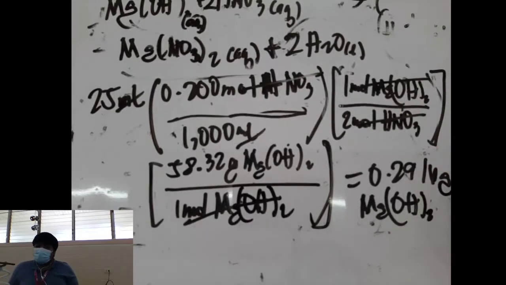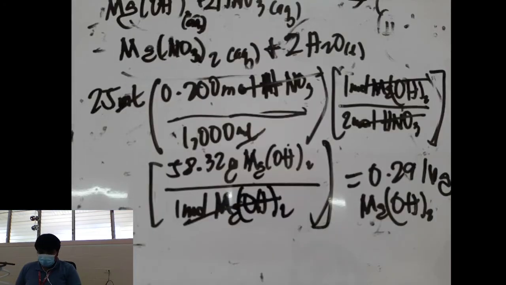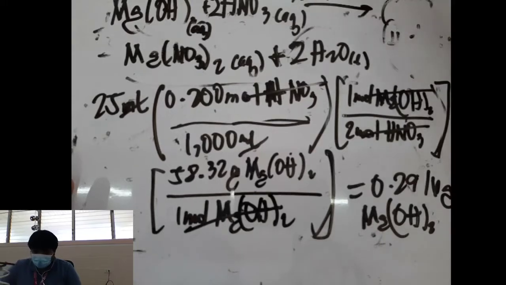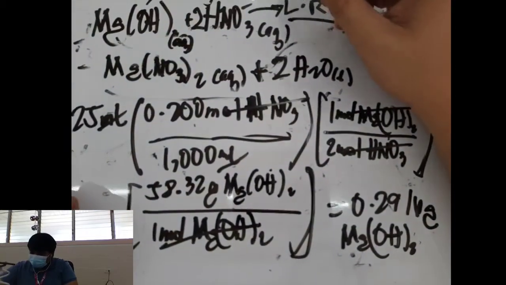Now this 0.2916 is much smaller than the given 7.75 grams of magnesium hydroxide. Therefore, our limiting reagent in this reaction is nitric acid.